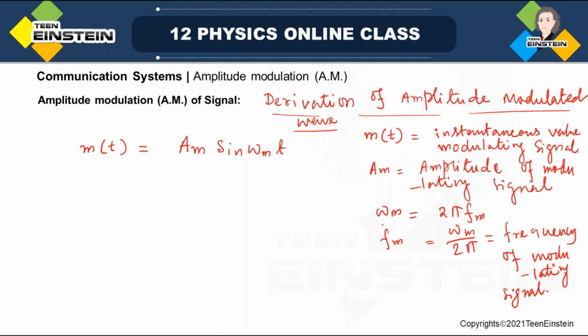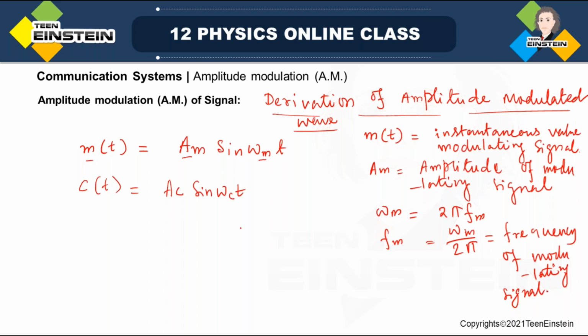So these are usual meanings: this is amplitude, this is frequency of the wave, and this is instantaneous value. This is the message or modulating signal. Similarly, I can write the carrier signal c(t) equals Ac sine omega c t. Okay, carrier signal.